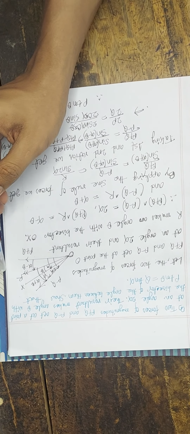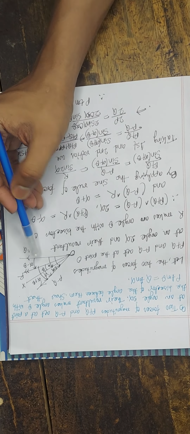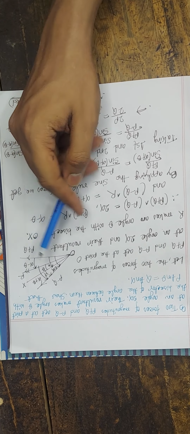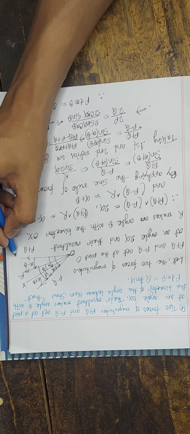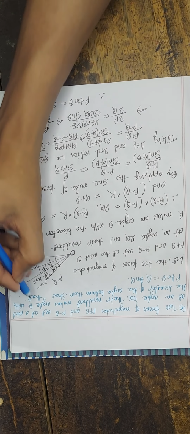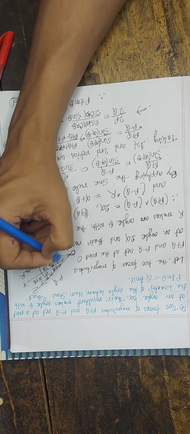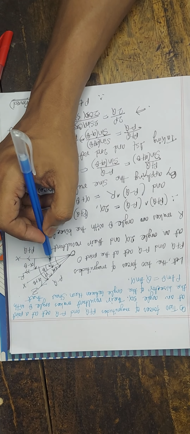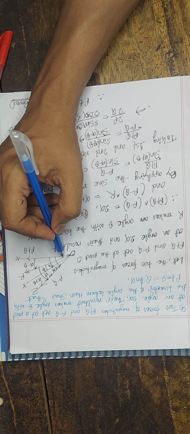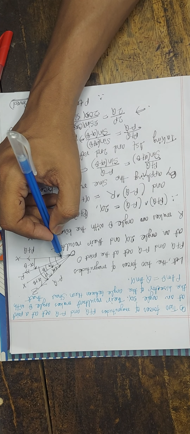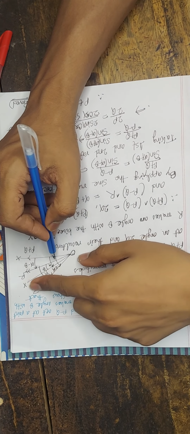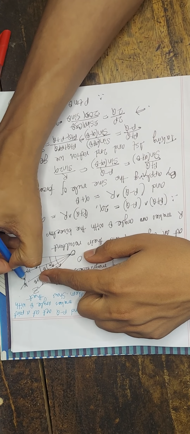Here I hope you can see P plus Q acts along this axis, this is OX, and suppose this is O, and P minus Q acts along OZ, and OI is their bisector.